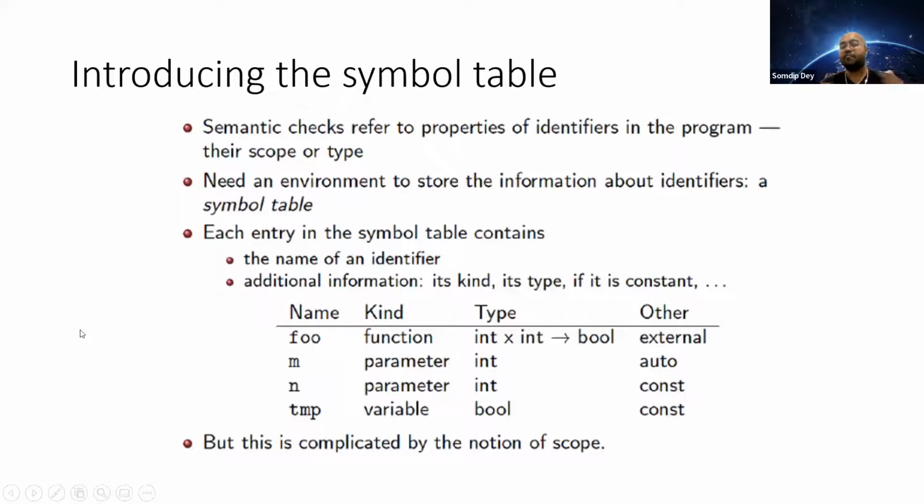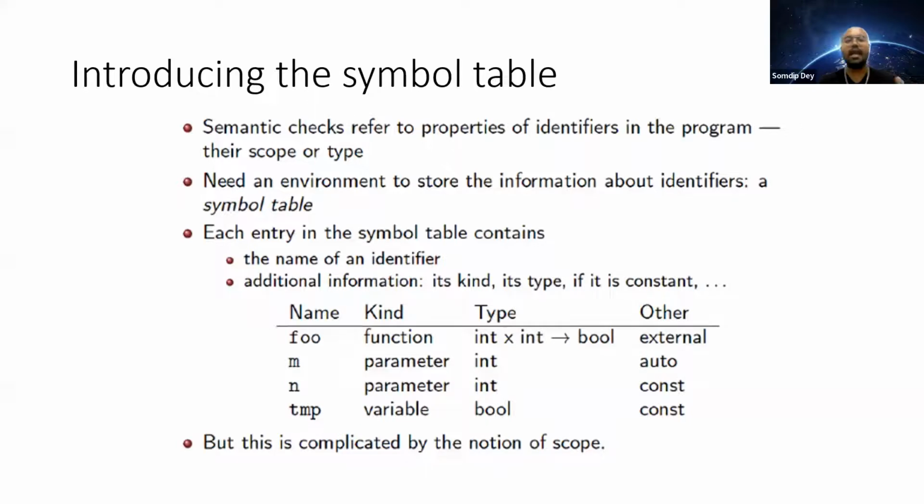Now, as I've mentioned, the type information is stored in a separate data structure that is technically called the symbol table. So semantic checks refer to the properties of identifiers in the program, which consist of their scope or type.